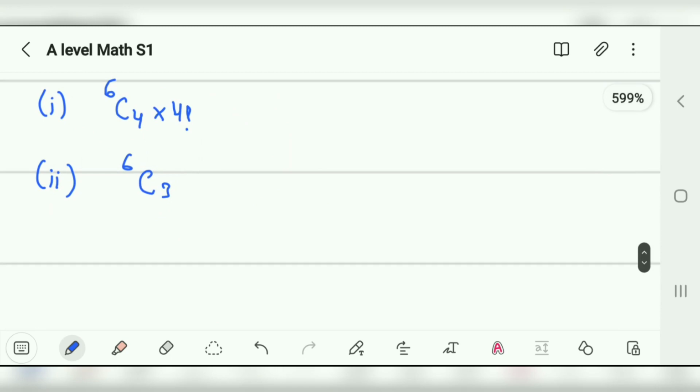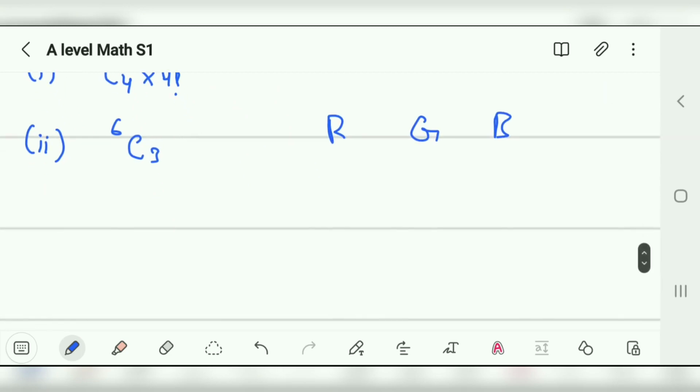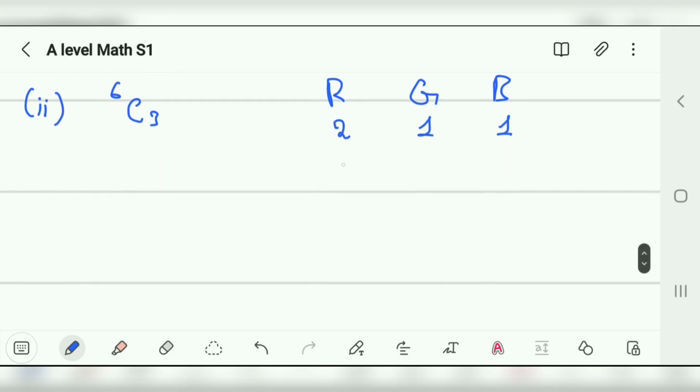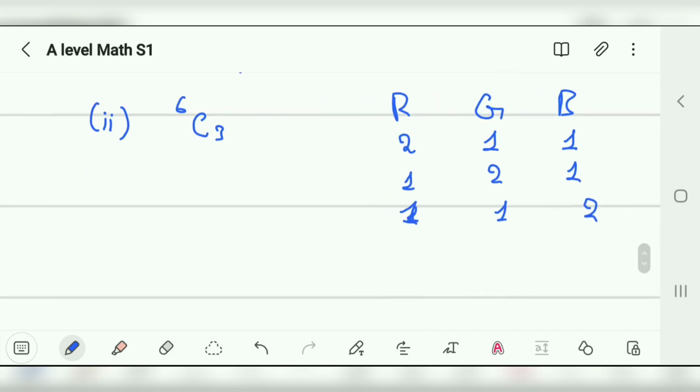For example, if you have red, green and blue, these are 3 different colors, and you could have 2 identical reds, 1 green and 1 blue. It could also be possible that we have 1 red and 2 identical greens and 1 blue, and so forth.